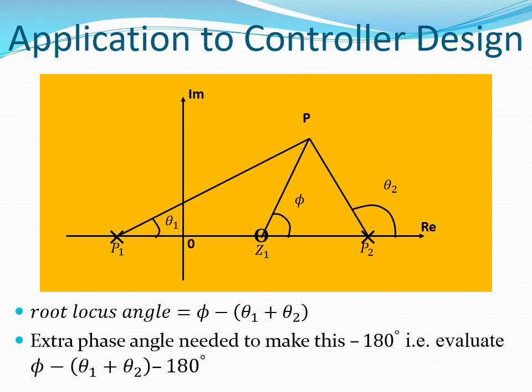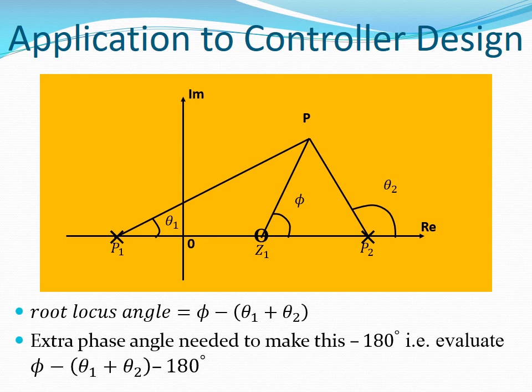Theta 1, theta 2, and phi are angles that vectors from P to the respective poles and zeros make with the real axis. The root locus angle at point P is given by sum of angles from zeros minus sum of angles from poles. In this case, the angle is equal to phi minus (theta 1 plus theta 2).